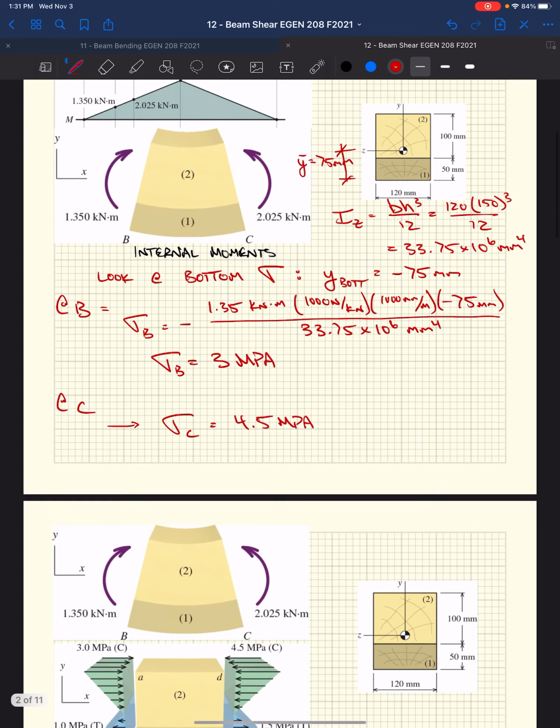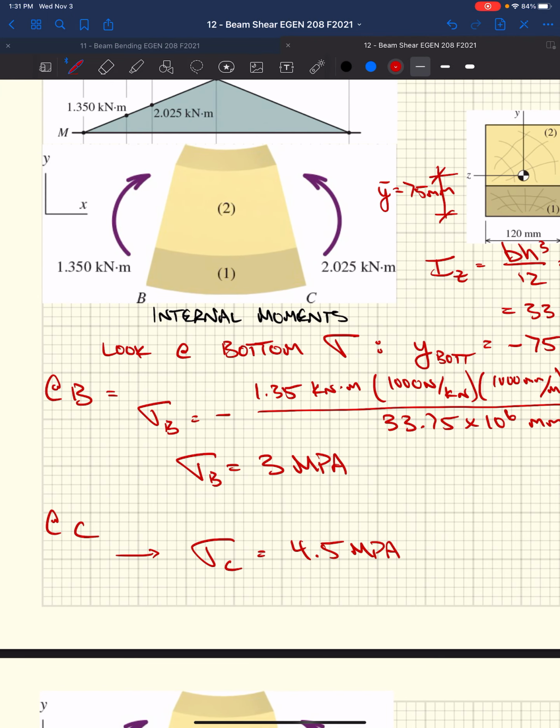At C, if we do that same exercise, we get an increase in stress, which makes sense. Our cross-section is prismatic. We're not changing the shape of the cross-section. Area stays the same, right? Because the cross-section geometry doesn't change, our moment of inertia doesn't change. Geometry doesn't change, so our y max doesn't change. The only thing that's changing from one point in this beam to the next is the fact that the moment changes.